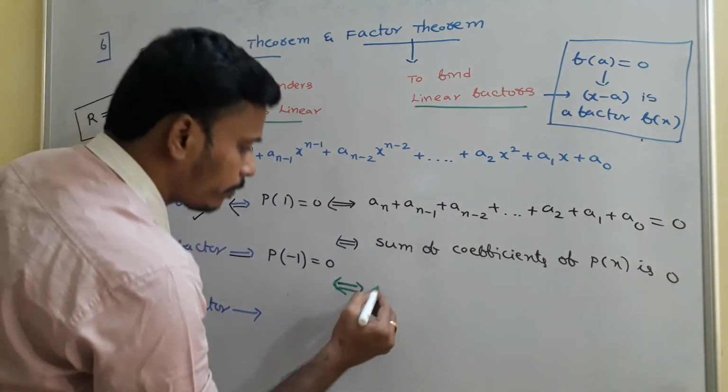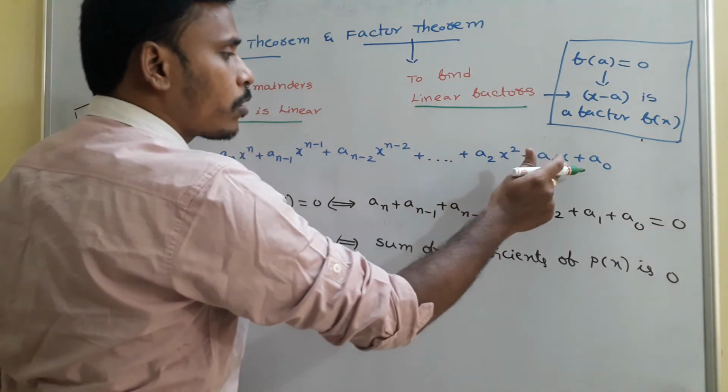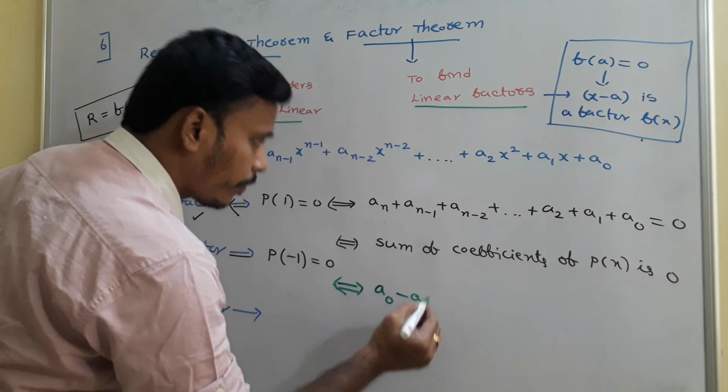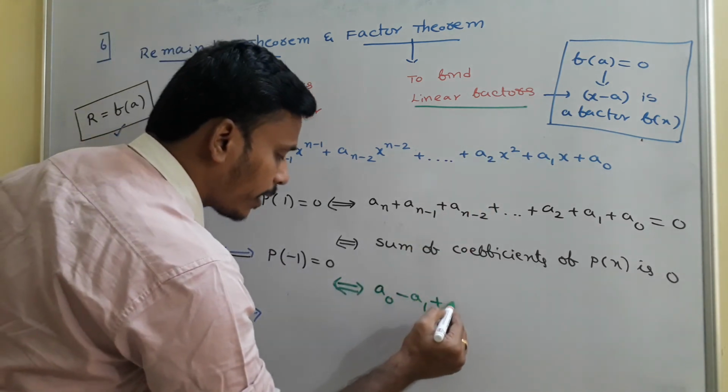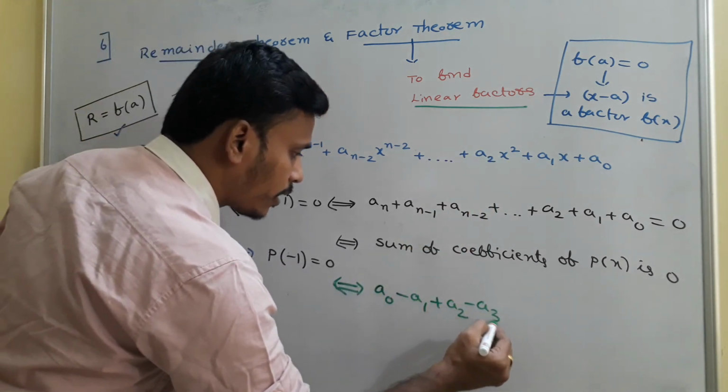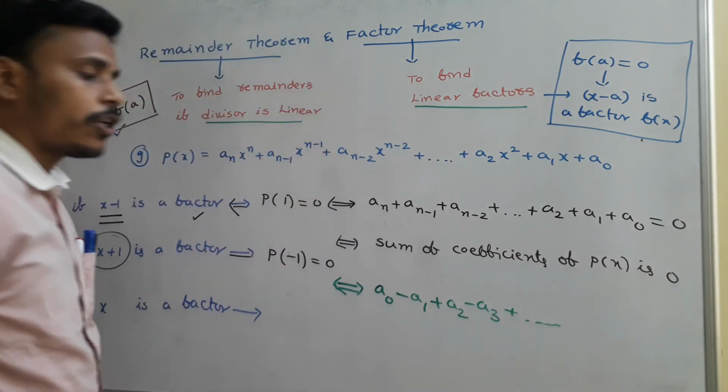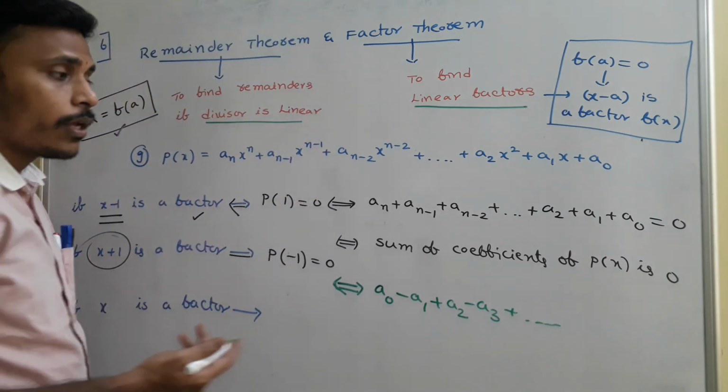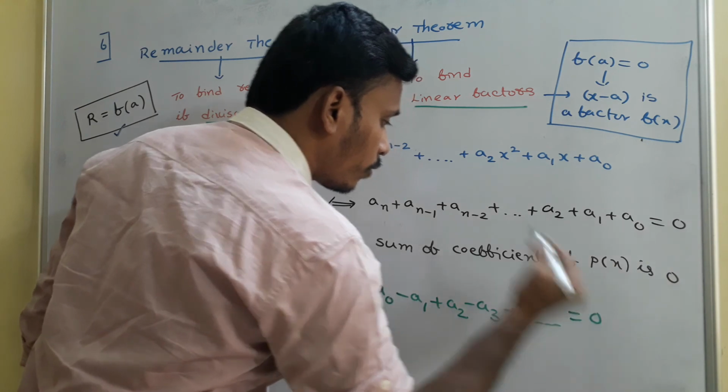So a0, replace x with minus 1, minus a1, replace x with minus 1, plus a2, minus a3, plus and so on. We need to continue up to the last term. Okay? So this is equal to 0.